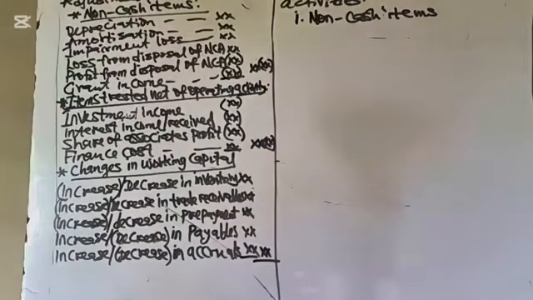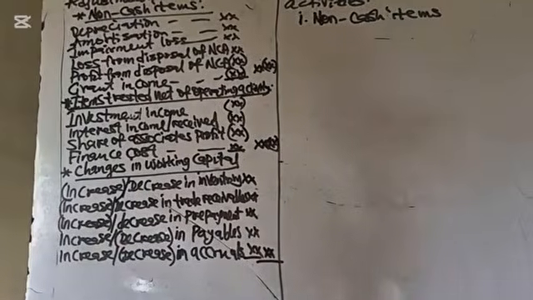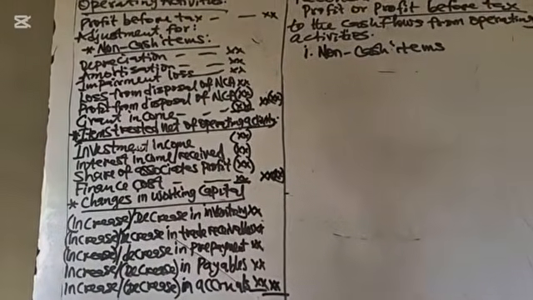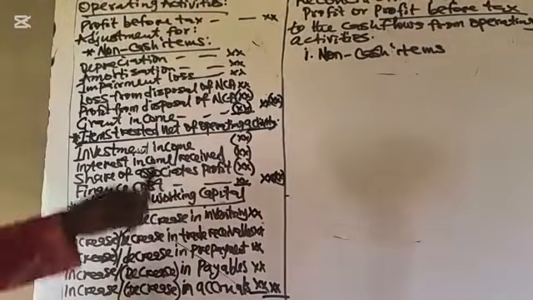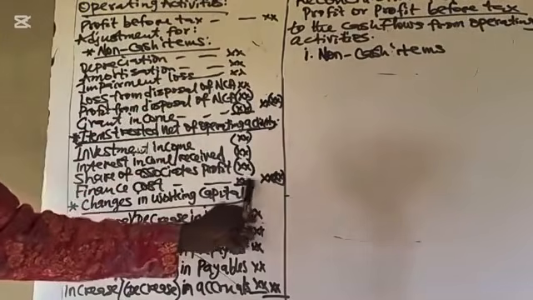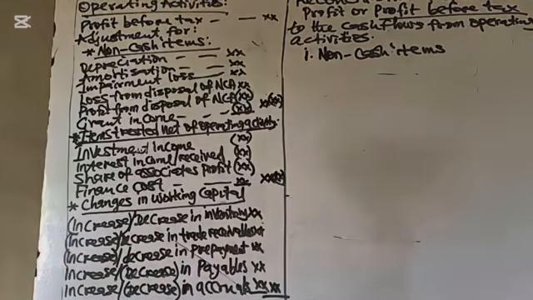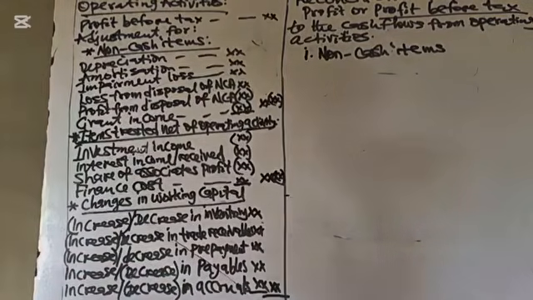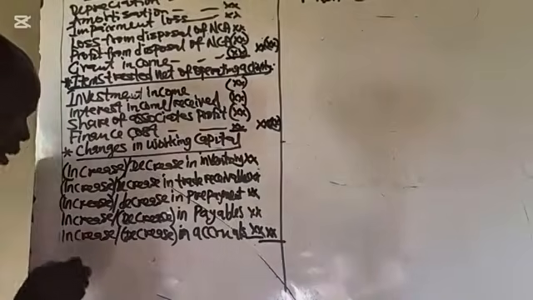Now, remember, you have four things to add or subtract. The number one item is profit before tax. The second one is non-cash items, which could be plus or minus. While items not of operating activities, which could be plus or minus. And the changes in working capital, which could be plus or minus. After all these adjustments, you arrive at the net cash flows from operating activities before tax.